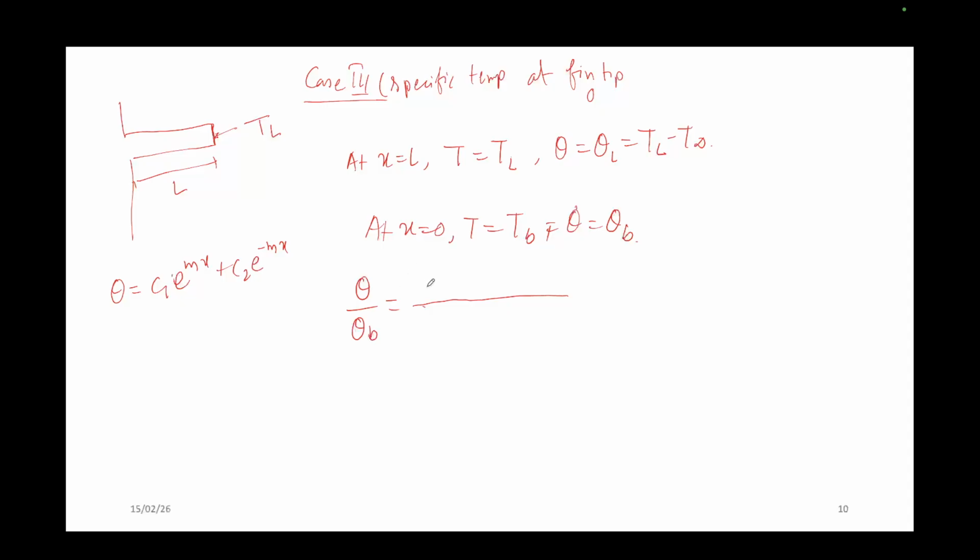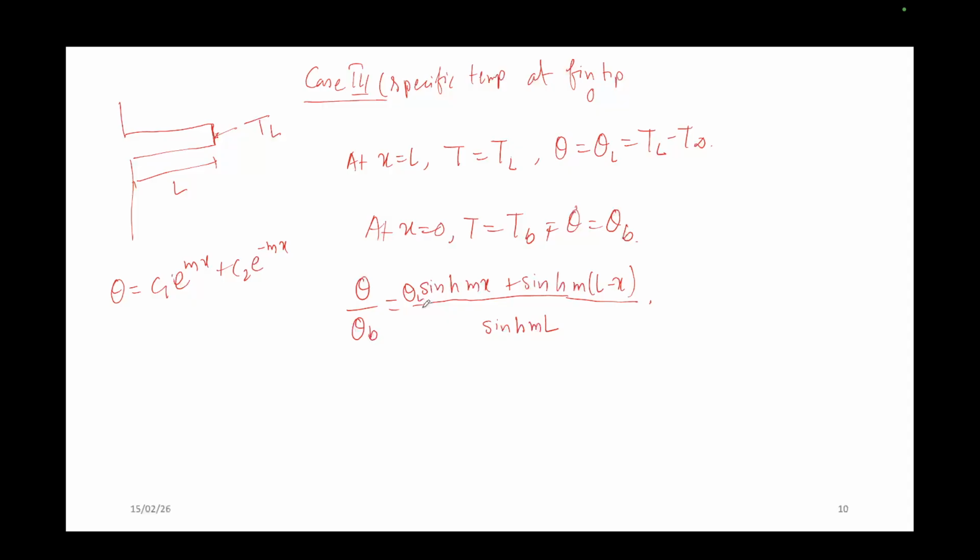Sorry, the equation is theta by theta b equals theta L by theta b times sinh mx plus sinh m(L minus x), divided by sinh mL. Please check the equation.